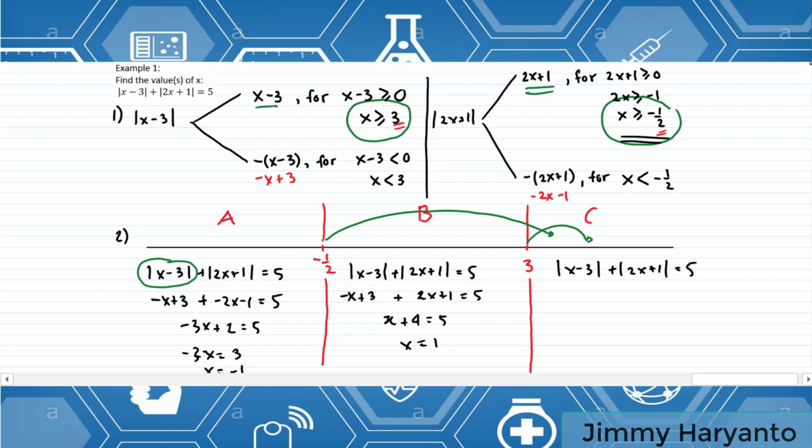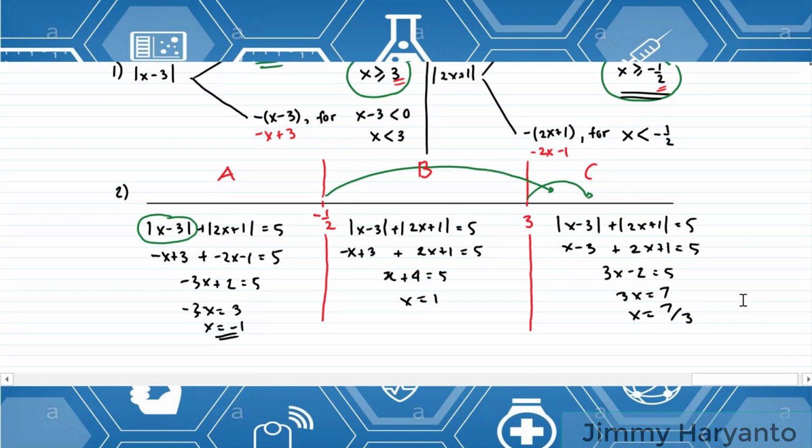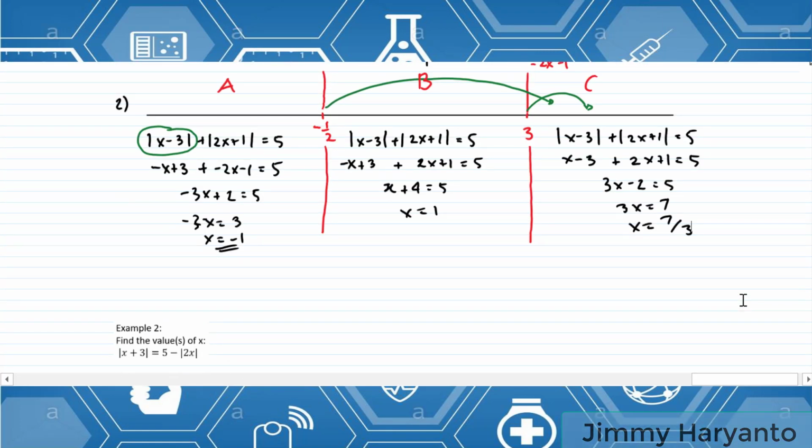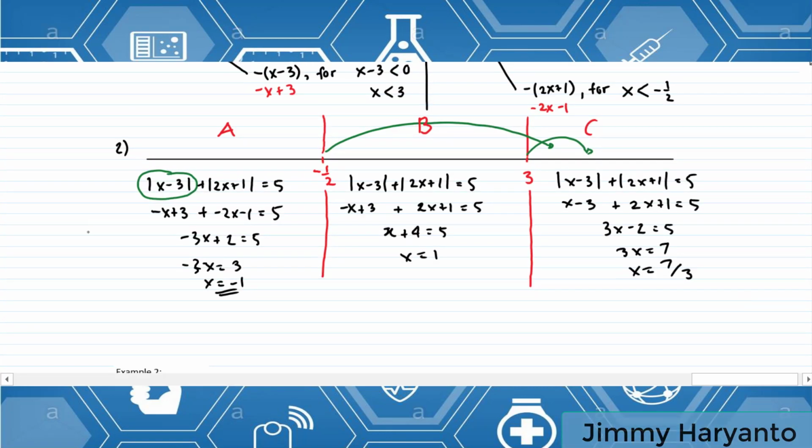So we will use this one and this one for room C. Absolute value of x minus 3 will be changed into x minus 3, plus 2x plus 1, equals 5. Solve it. 3x minus 2 equals 5. So 3x equals 7, x equals 7 over 3. Okay, you get it? So we now have 3 values of x.